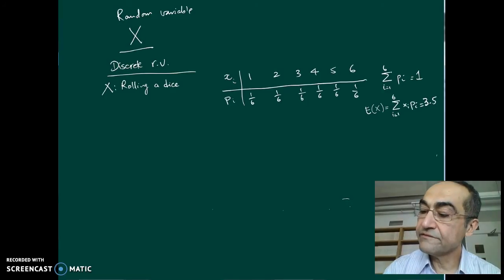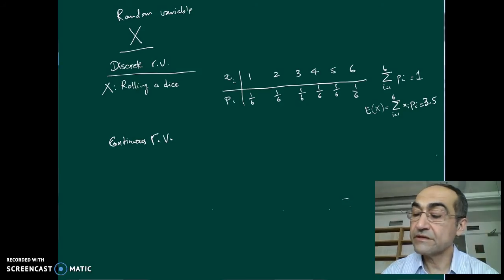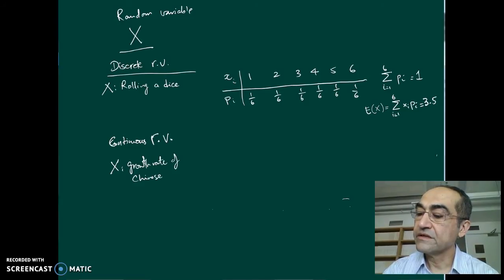A continuous random variable, in contrast, RV, is a random variable that can have any possible outcome on an interval, like the growth rate of the Chinese economy in 2017.